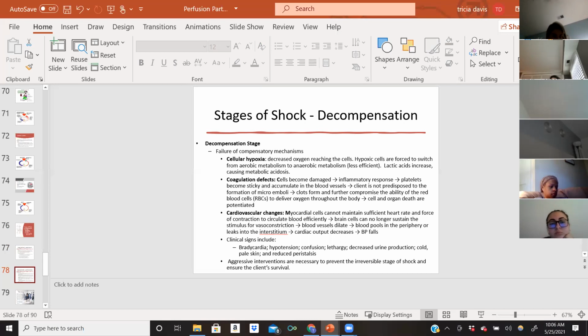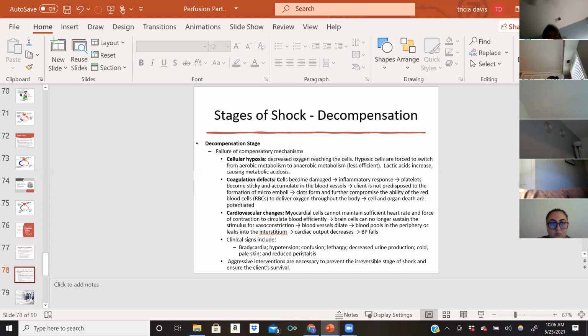The client is then going to have the formation of blood clots, which is going to further compromise the ability of those red blood cells to circulate through the body and deliver all that oxygen-rich blood. And then cell and organ death are going to be potentiated because nothing is getting perfused.